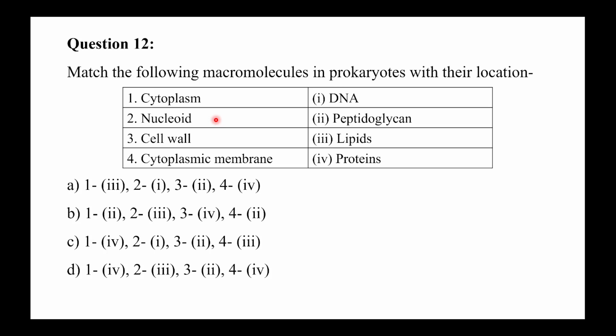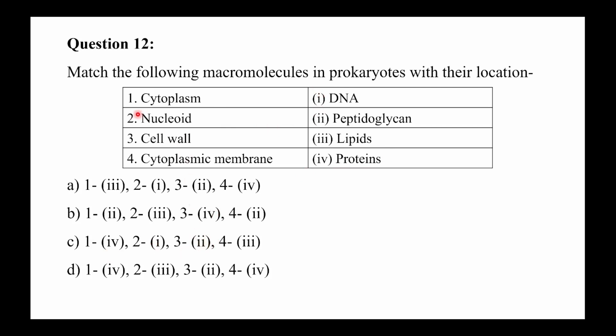So the DNA is present in a prokaryotic cell in one location, but it is not surrounded by any membranous structure. And the location where the DNA is present is called nucleoid. In eukaryotic cell, the DNA is present inside the membrane structure called nucleus. In prokaryotic cells, it is present in the cytoplasm, but the region is called nucleoid. So nucleoid contains DNA, cytoplasm contains protein.